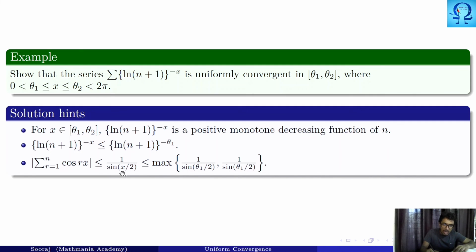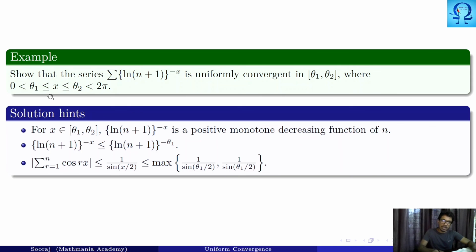If it is equal to 0, then we will have 1 upon 0, which is infinite. So it is not uniformly bounded. When it is 2 pi also, it will be sin pi. Even in that case, what will we have? We will have 1 upon 0, that is again unbounded. We do not want unboundedness here. If 0 or 2 pi is included, then it is not uniformly convergent. Your Dirichlet test is not going to help you.